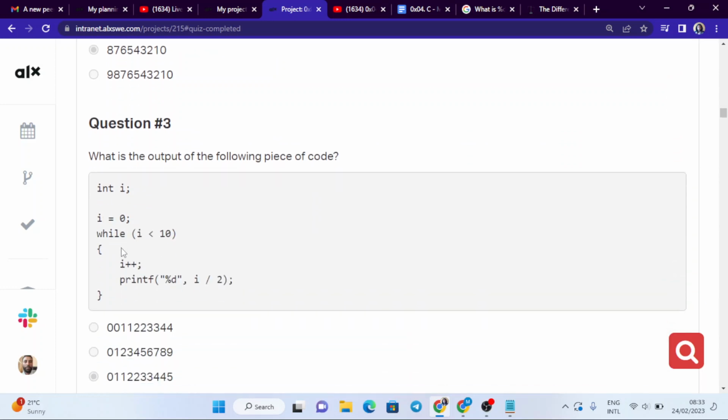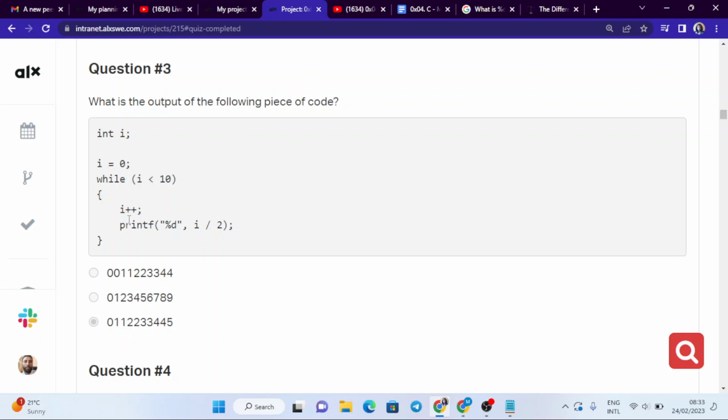The other one: i equals 0, while i is less than 10, i plus plus here.